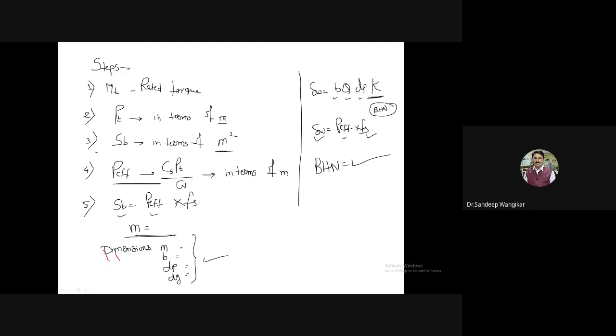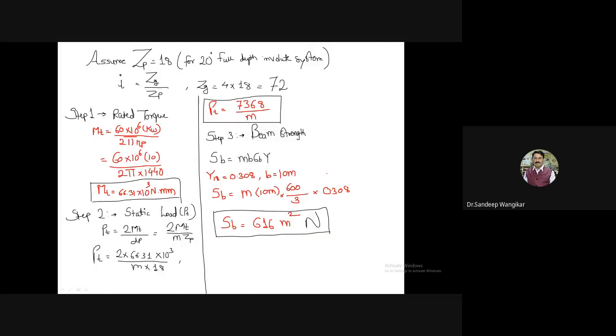Now let us proceed. We have arrived up to this, and we have calculated the dimensions. Now the next step is calculation of BHN. So we have to proceed for BHN calculation. Step number 6, or it is a completely separate point.